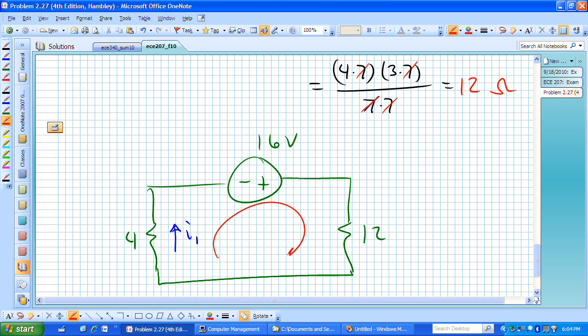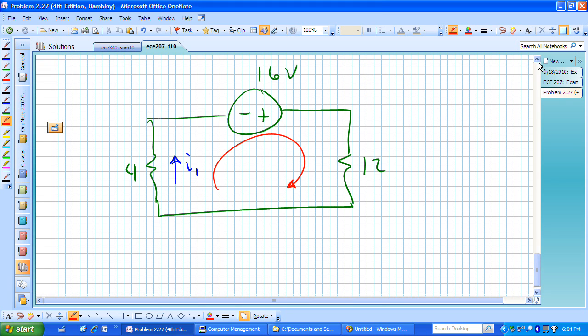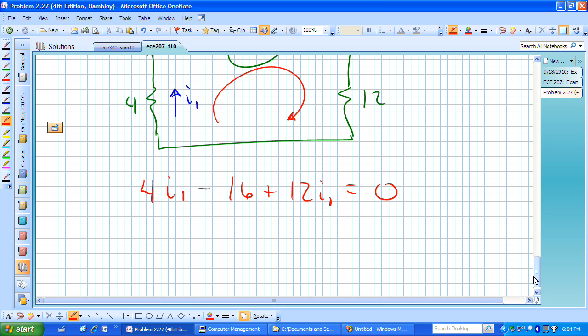But if I look at that, that's just the same as this mesh current in this equivalent network that I've created. And writing KVL, I see that I have 4I1 minus 16 plus 12I sub 1 is equal to 0, or I now have 16I1 is equal to 16, or I1 is equal to 1 amp, which is what we knew that solution needed to produce if we were going to get an equivalent answer to what we had in the earlier problem.